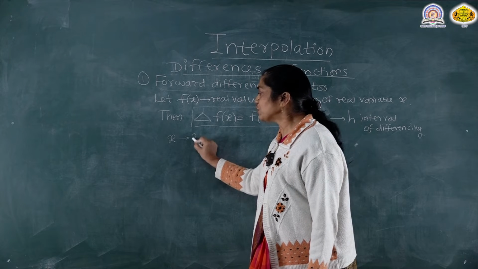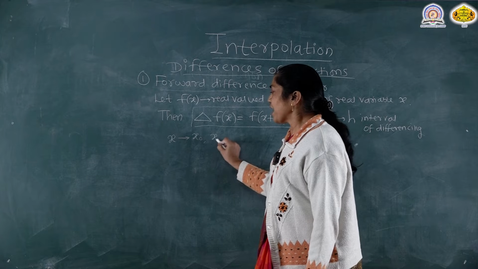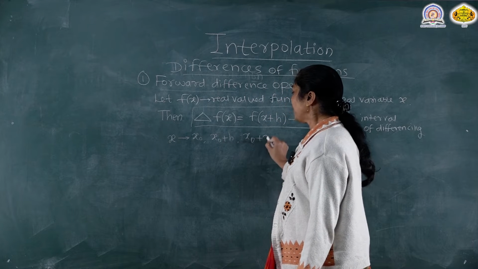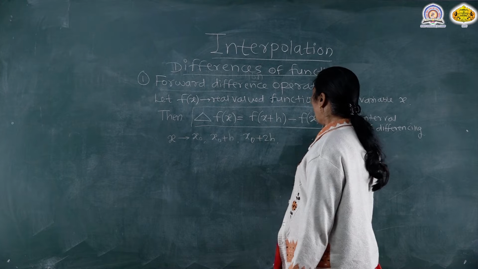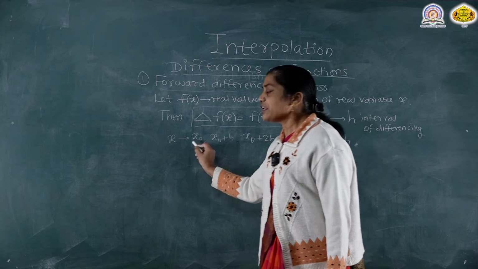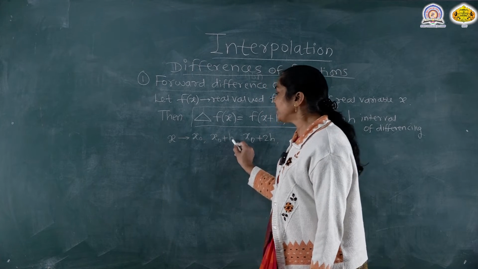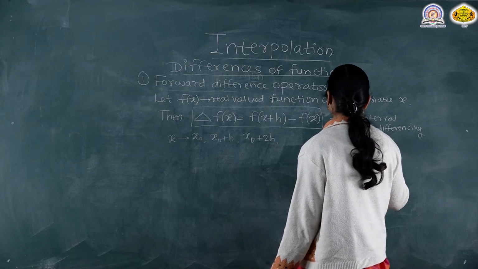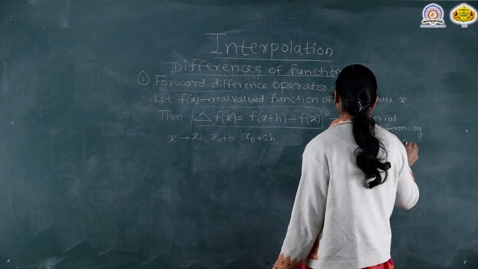We denote the values of x by x0, x0 plus h, x0 plus 2h and so on up to x0 plus nh. So these are equally spaced values where h is the interval of differencing, and these values of x are known as arguments.